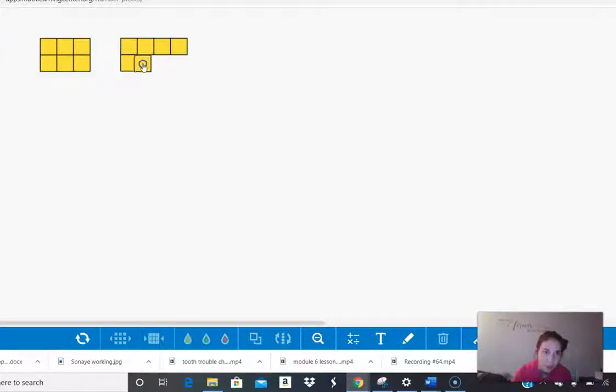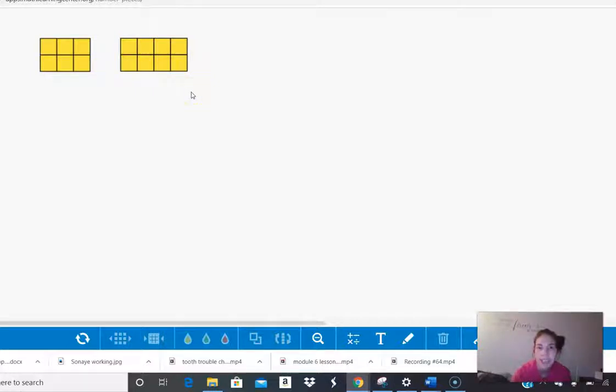So we have 2 rows of 3, and now we have 2 rows of 4. Okay? So 2 rows of 4, we have a total of 8. 4 plus 4 equals 8. 8 is an even number because it can be broken into 2 groups, or each one has a partner.